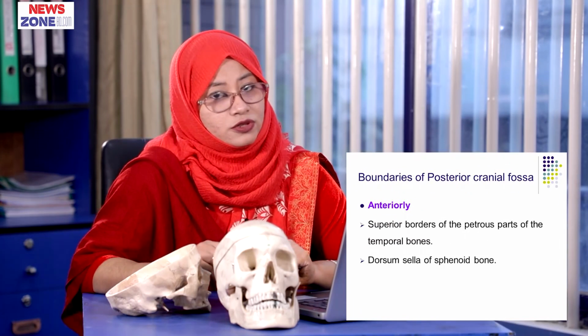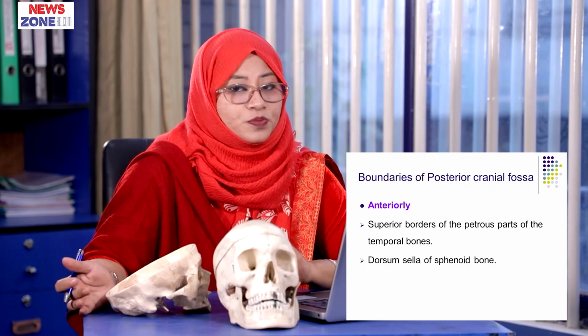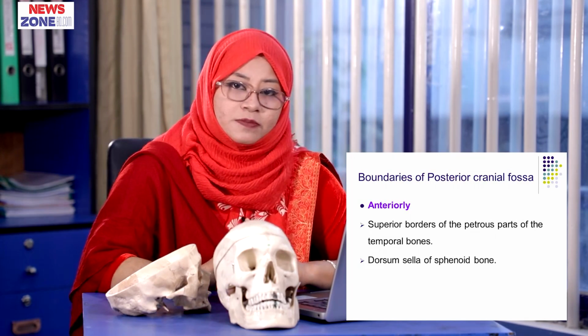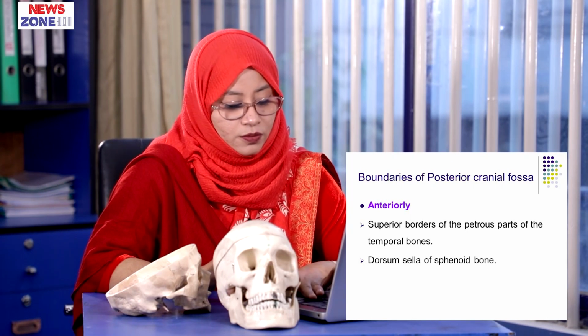Now boundaries of the posterior cranial fossa. Anteriorly, it is bounded by the superior border of the petrous part of the temporal bone and dorsum sellae of the sphenoid bone.